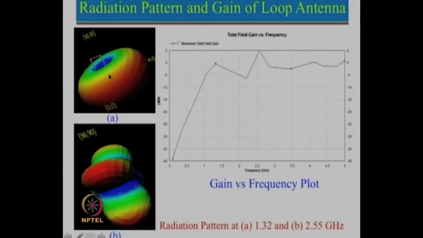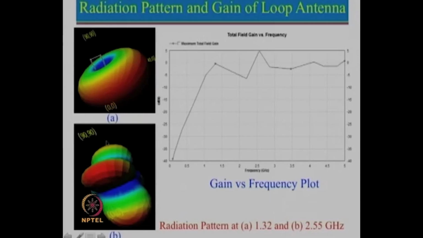We can see that the maximum radiation is not in this direction, but in this direction, which is perpendicular to the loop axis, and along the loop axis there is no radiation, which is given by dark blue. We know that dark blue is the least radiation, and green, then yellow, orange, red shows maximum radiation.